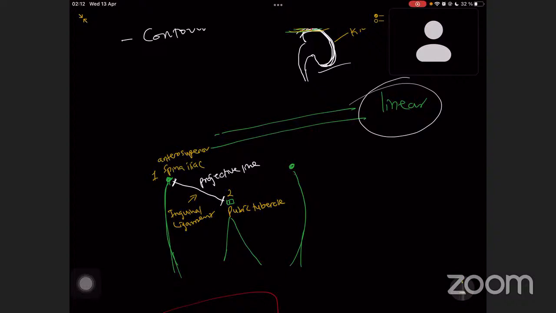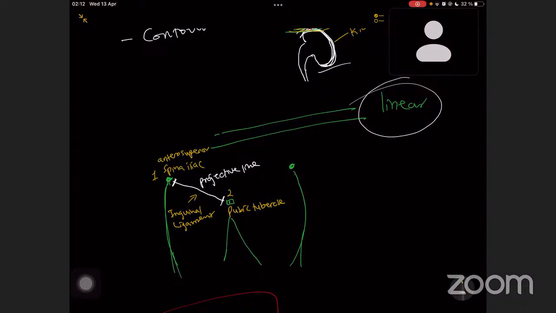Again, when we describe the position of any linear anatomical structure on the surface of the body, we use surface landmarks such as a projective line.